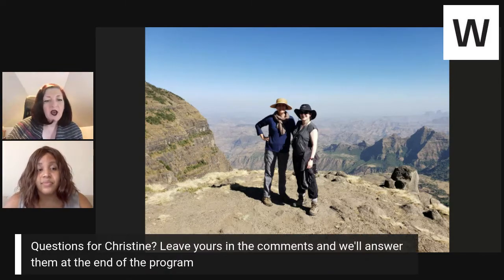So that was extremely helpful. And I'm just showing you here an example of the landscape. From an American perspective, I can only really describe the landscape as kind of a Grand Canyon on steroids. The northern part of Ethiopia where we were traveling is kind of a high plateau, and it's very mountainous as well, and some parts are quite inaccessible. So you kind of get a sense of that landscape behind us there.